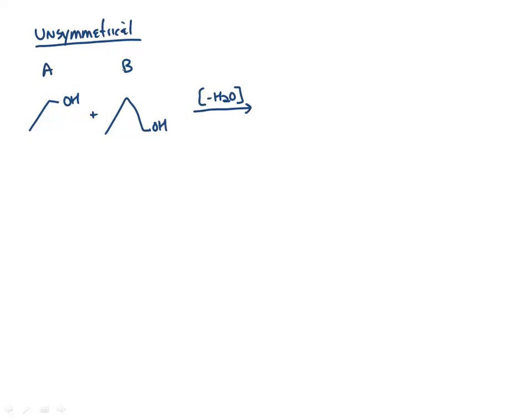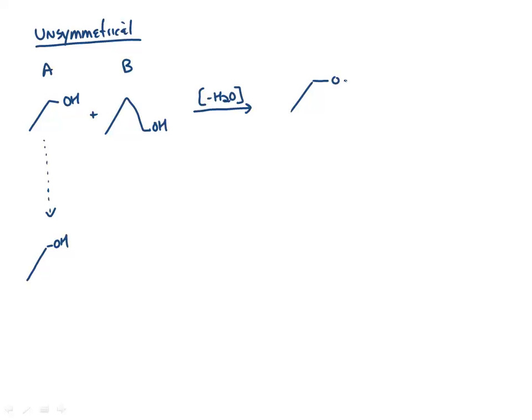Because even in a small quantity of reactants, we've got millions and billions and trillions of molecules, so there's lots of A's and lots of B's all floating around. When we start to dehydrate them, we can get a variety of combinations. If that molecule, instead of reacting with the B molecule, reacts with a second A molecule, then that's the reaction we've already seen.